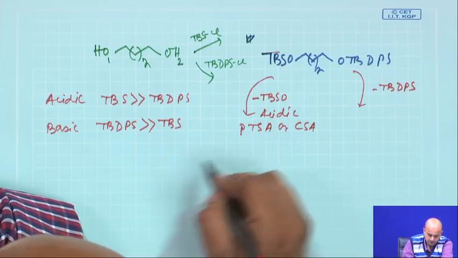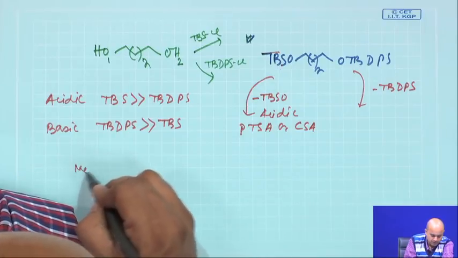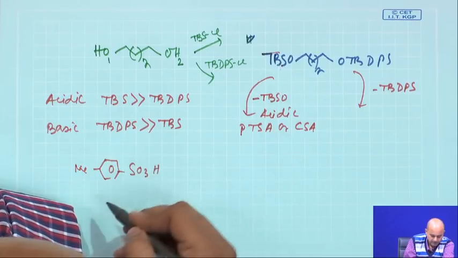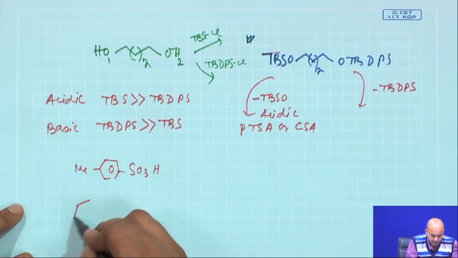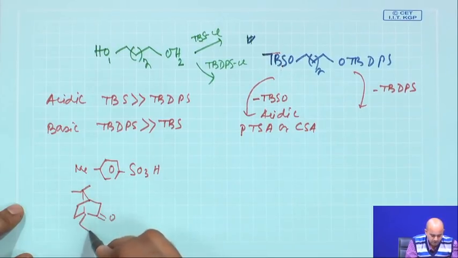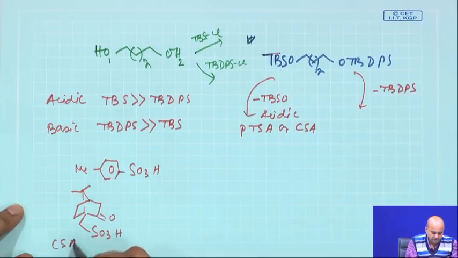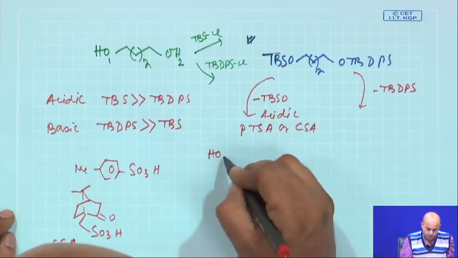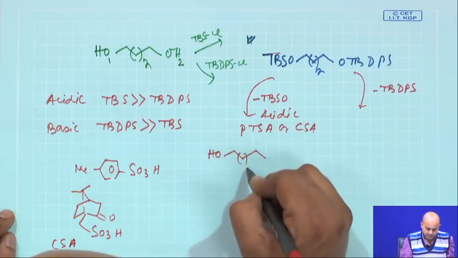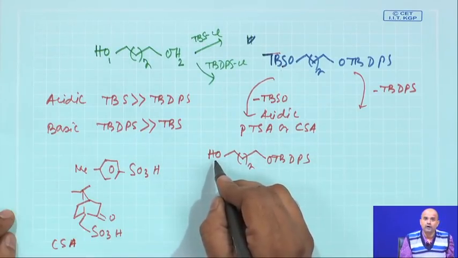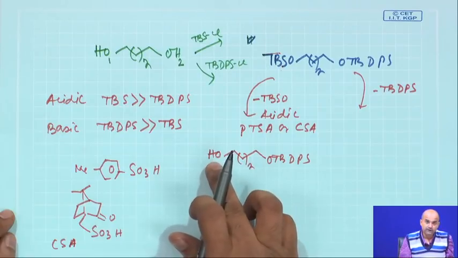Now, PTSA, as all of you know, has the structure with SO3H. Camphorsulfonic acid, CSA, is a similar kind of sulfonic acid, also having SO3H. This compound can be selectively used to remove the TBS group. So now you are left with the OTBDPS, and you can selectively do whatever reaction you want on this end.